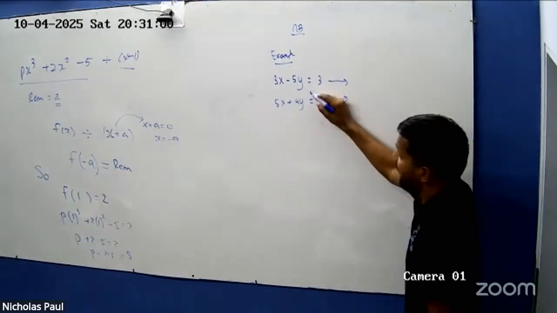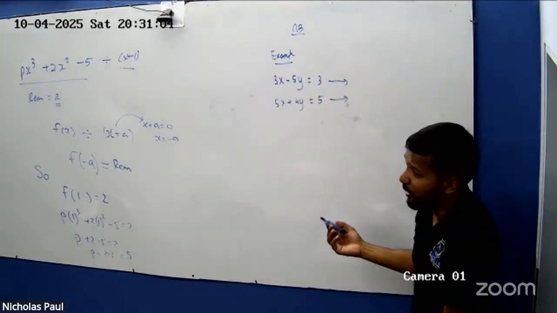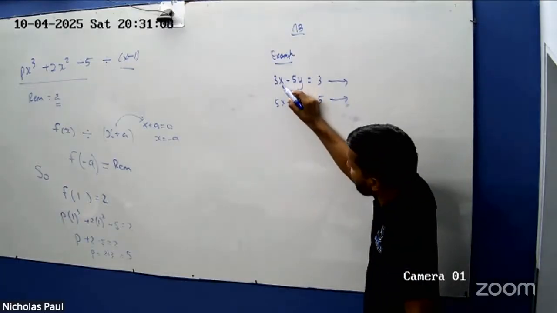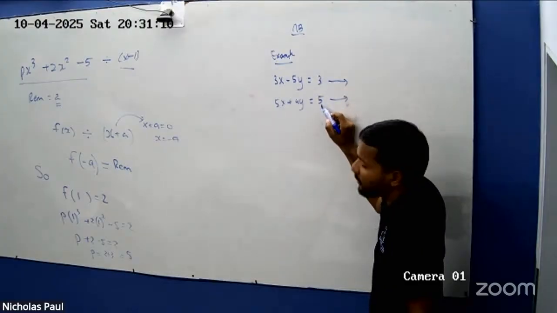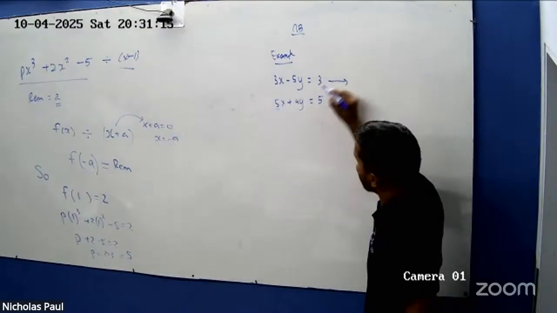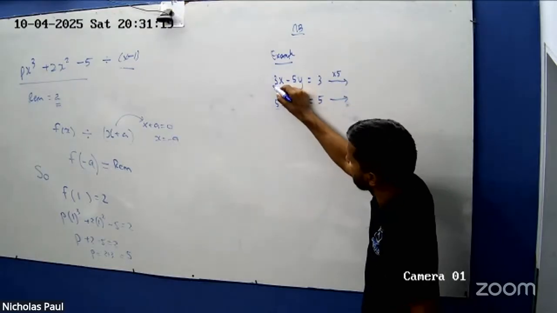So the objective here is to get rid of y or x. Something that always works in these types of equations, once you line up the x, the y and the constant, is to multiply this equation by the coefficient of x from the other equation, and multiply the other equation by the coefficient of x here.